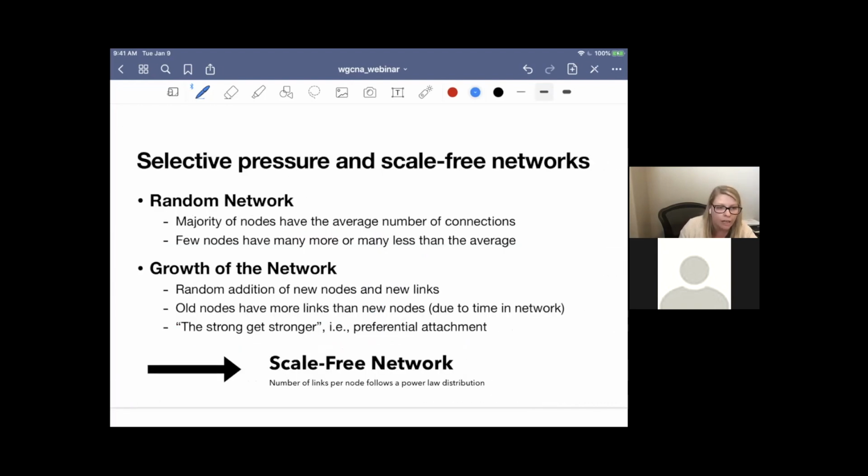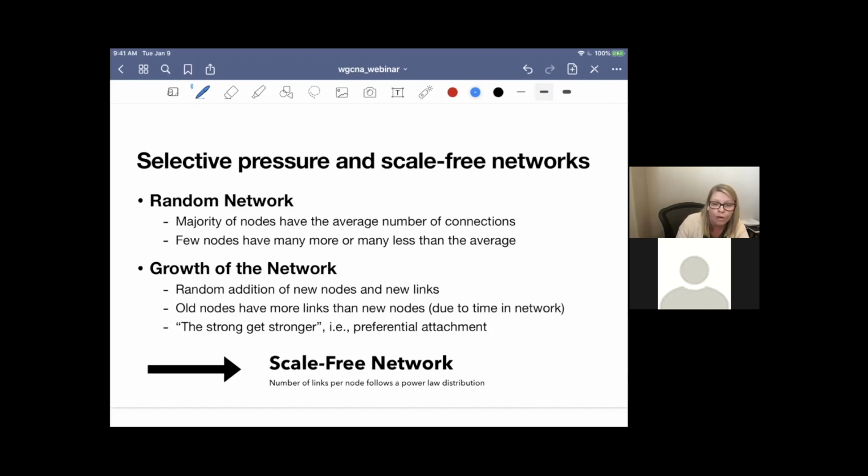One of the additional rationales for thinking about a scale-free network and why it fits our data is this idea of selective pressure and evolution. So if we started off with a random network where the majority of nodes have the average number of connections and few nodes have many more or many less than average, then as our network grows, as we're randomly adding new nodes, the old nodes tend to build up the links, right?